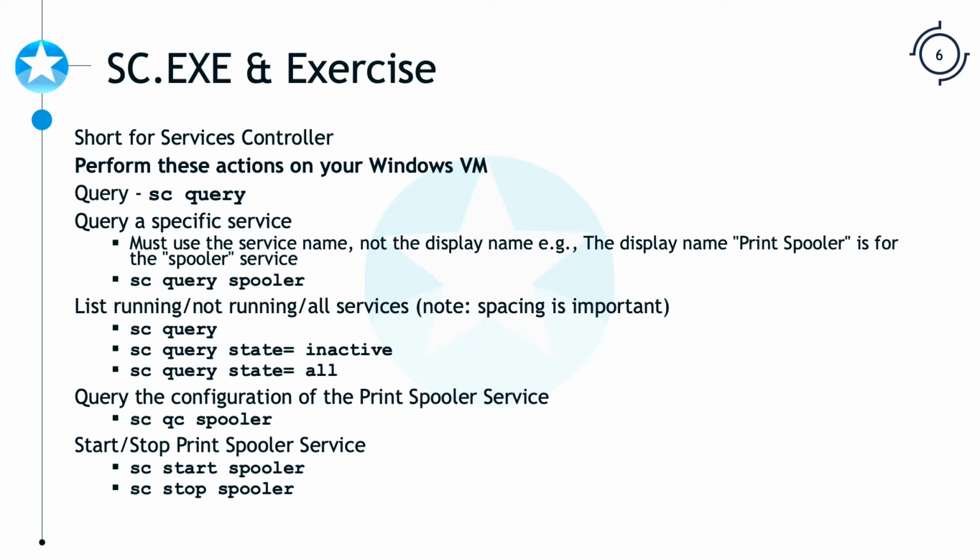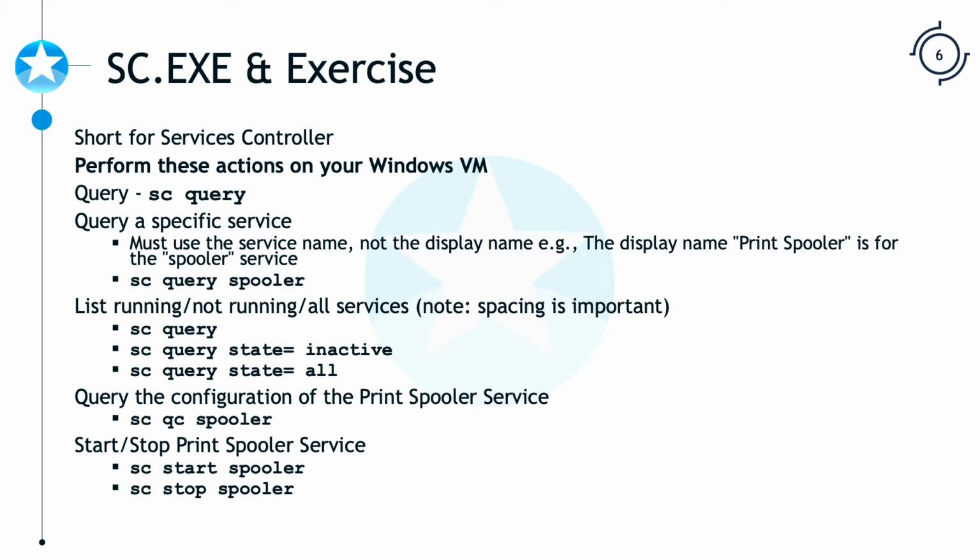To list the services, if we use SC query, that's actually going to show us only the running services. I actually lied to you a little bit earlier for the sake of brevity. SC query will only show us the running. If I want to see the not running services, I can use SC query state= inactive. That spacing is very important.